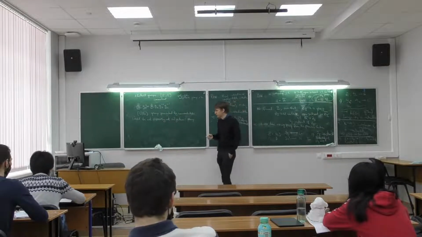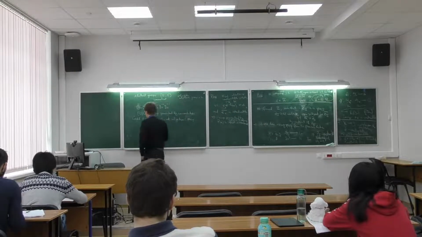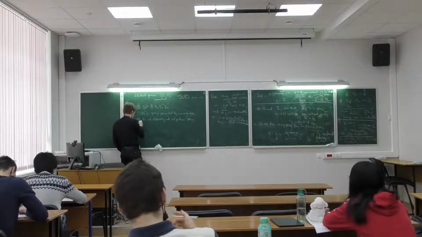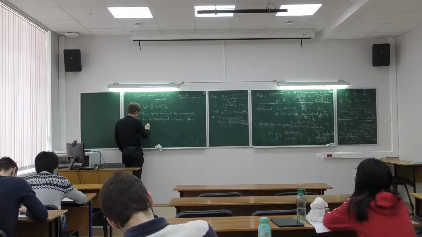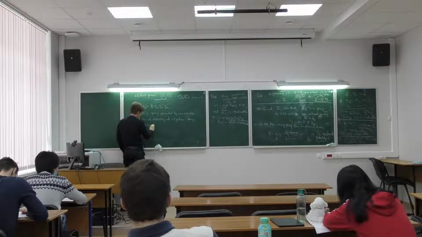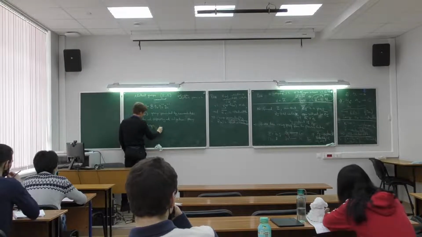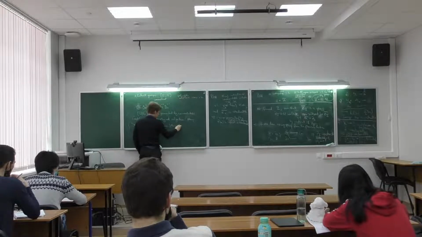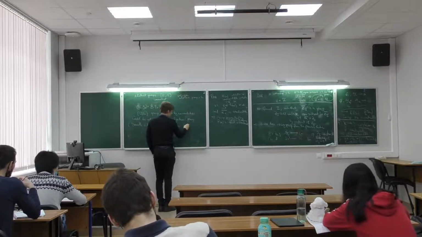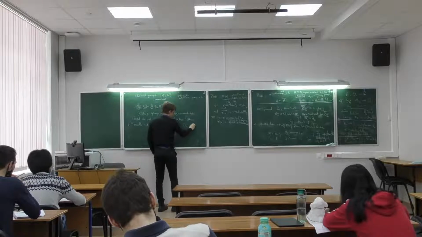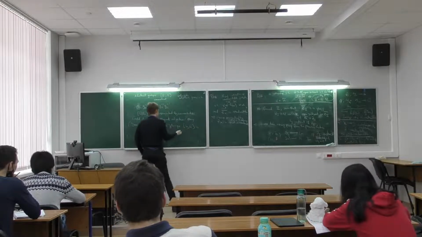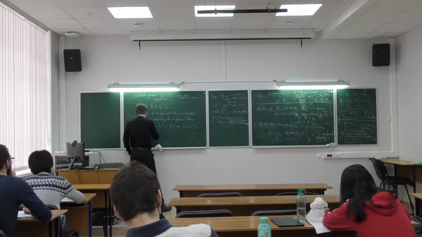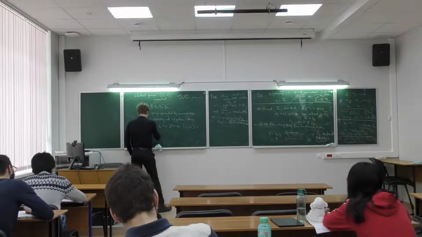So in the smooth category of Lie groups, the commutant can be not a group, so it is not a Lie subgroup.